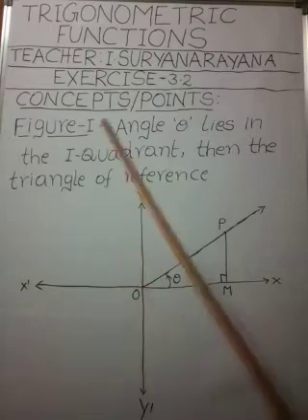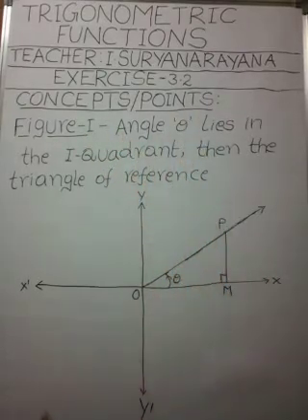Right. See here, sometimes in the questions they will give that angle theta lies in the first quadrant, and they will give the value of any one of the trigonometric functions of this angle theta. Means sometimes they will give the value of sin theta, or cos theta, or tan theta, or secant theta, or cosecant theta, or cot theta.